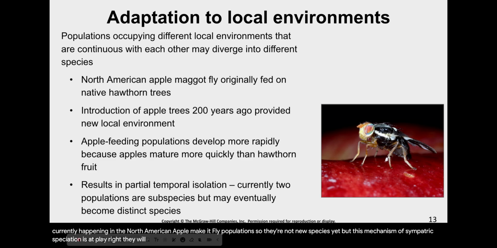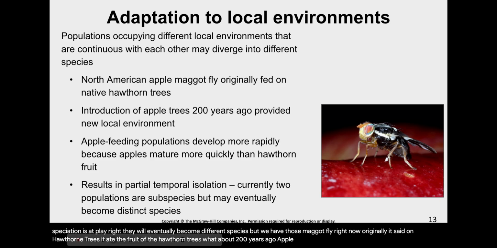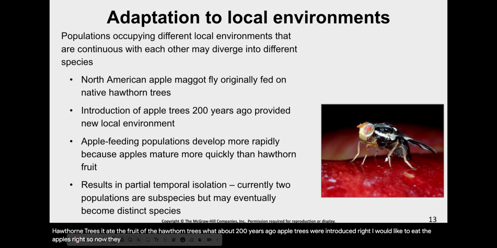They will eventually become different species. We have this maggot fly. Originally it fed on hawthorn trees. It ate the fruit of the hawthorn trees. But about 200 years ago, apple trees were introduced. And they found that they also like to eat the apples. So now they had both apple trees and hawthorn trees to eat.